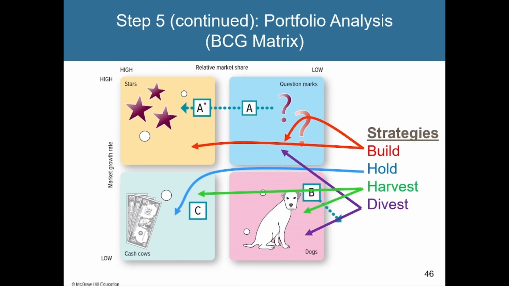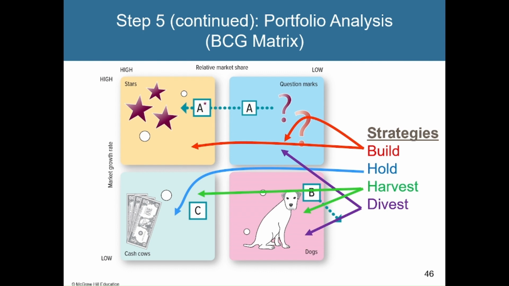What should we do with each of the quadrants? Basically, for products in the stars category, we need to build them and hold; harvest cash cows; and divest dogs. For promising question marks products, we should invest resources to build them.